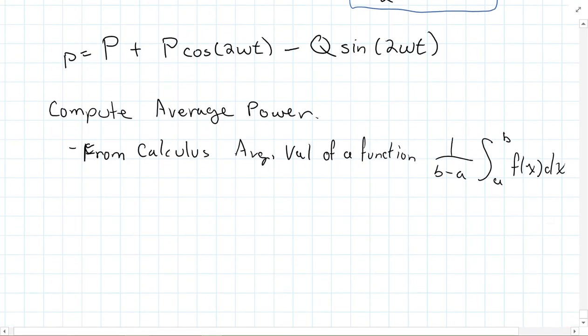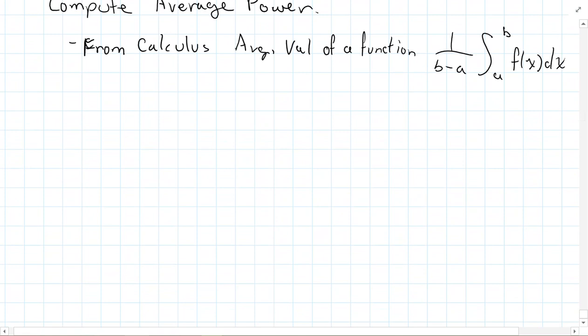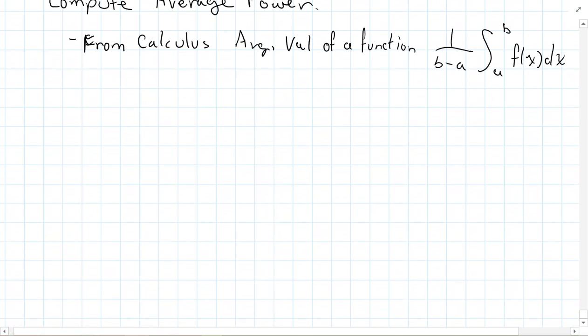Now, we have to be a little bit more careful because we're not talking about a specific interval. We want to know the average power of this function through all time. So there's a slightly more mathy definition for what the average power is, but I'll give you the main result here.